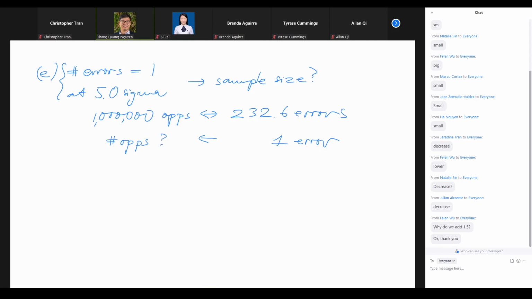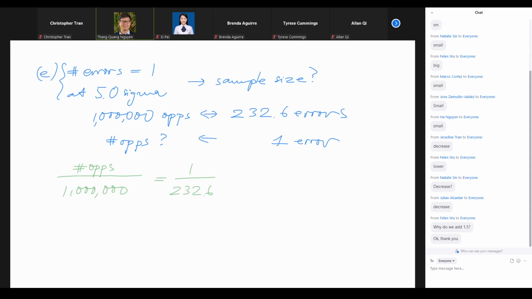Right. So one more time we can do that proportionally. The number of opportunities divided by 1 million equals 1 divided by 232.6, right?